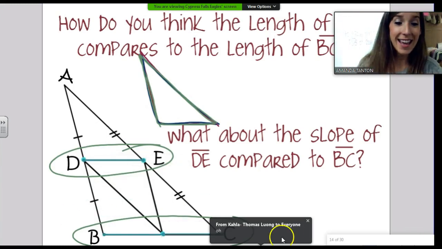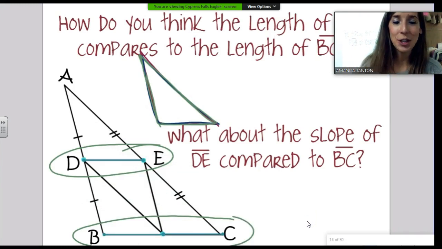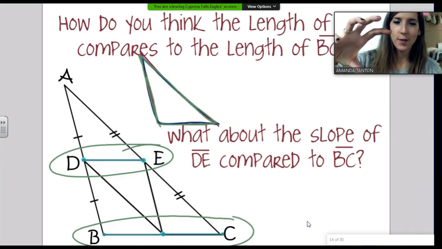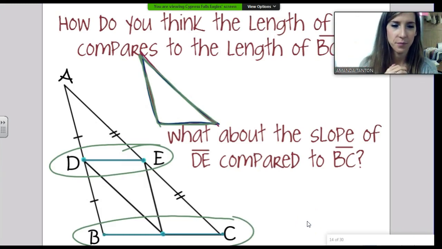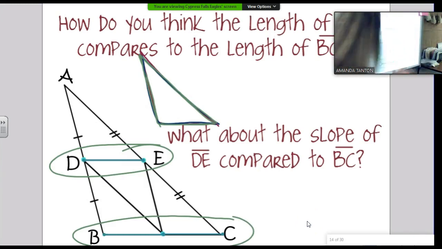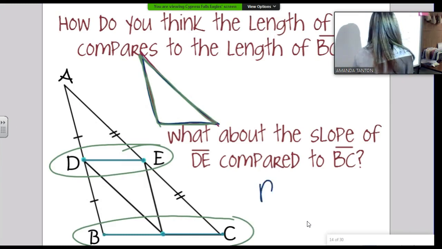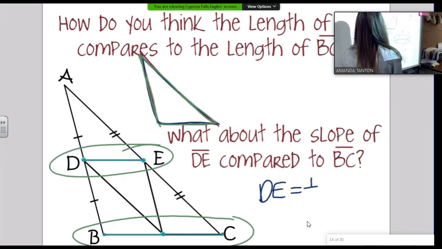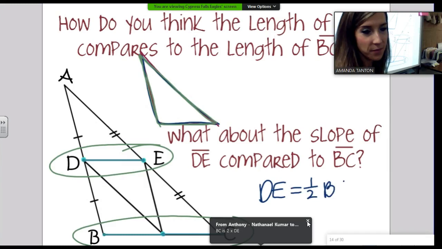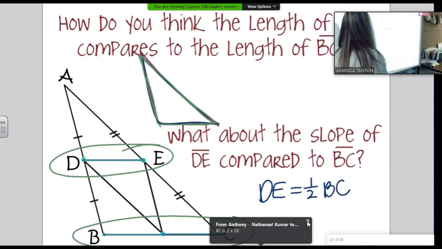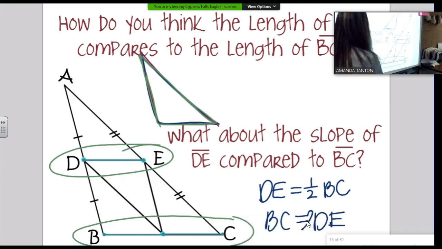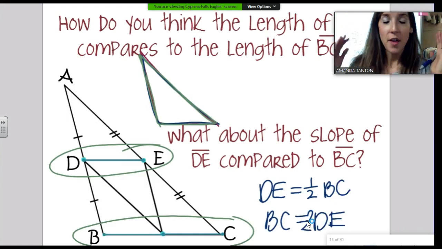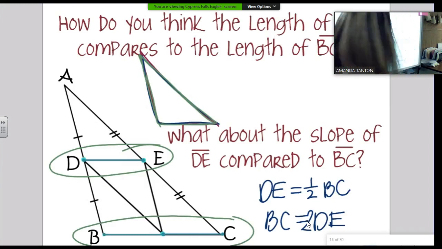So seeing that, what can you conclude about the length of DE and the length of BC? Half of BC. Yeah. DE, very good. DE is 1/2 of BC. How does BC compare to DE? It's times 2. There you go. So the 3rd side is double the midsegment. The midsegment is half of the 3rd side.